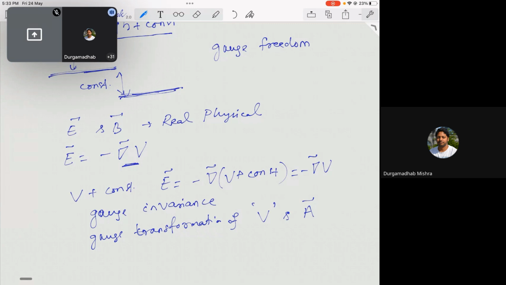So this is something interesting in electromagnetism.